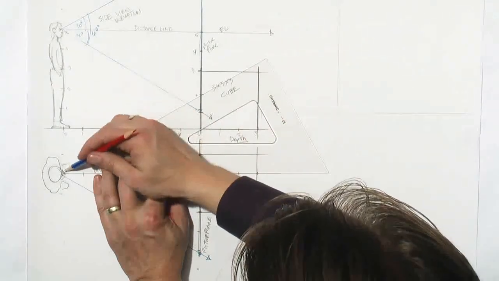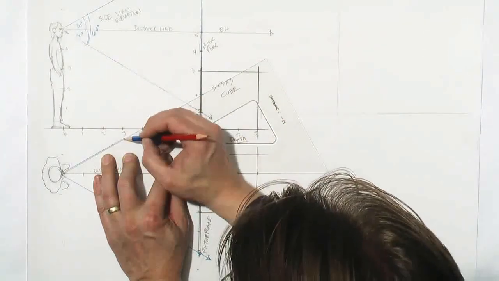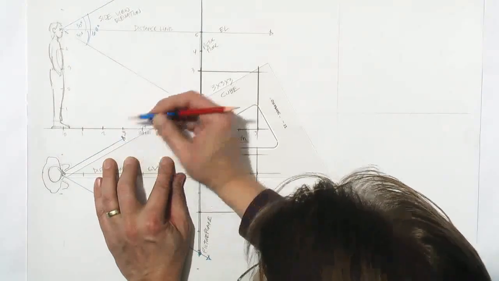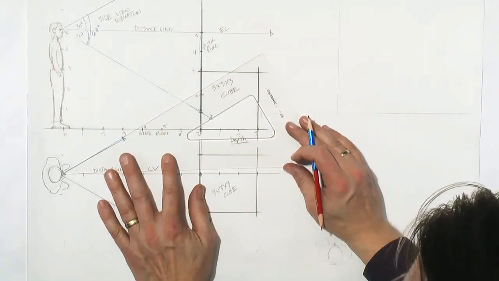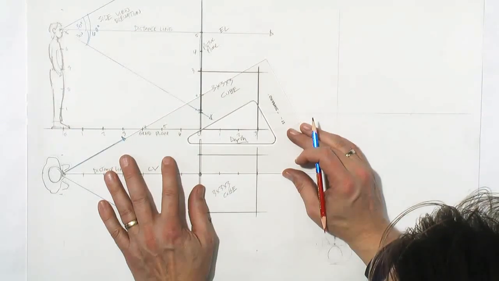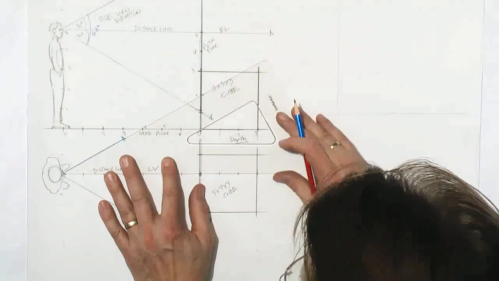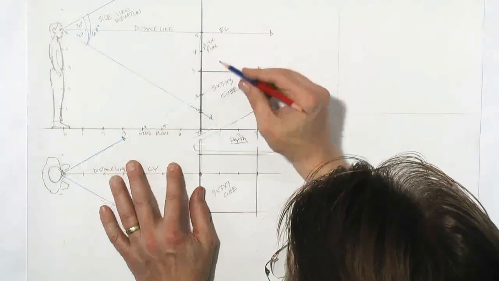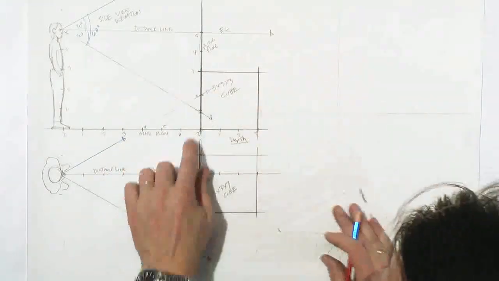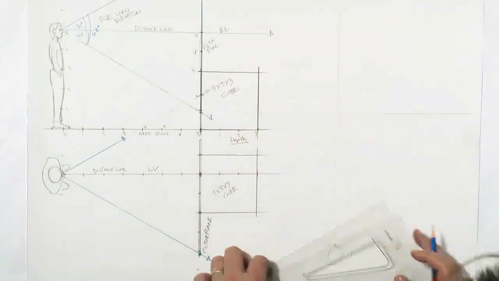But I'll just lightly make it very clear that this projects on forever at 30. And eventually, of course, hits the picture plane. I'll actually kind of mark that in. I don't think it will make too many people go mad if I just kind of imply that this one crosses over to here, just very lightly. All right, so that would be that.